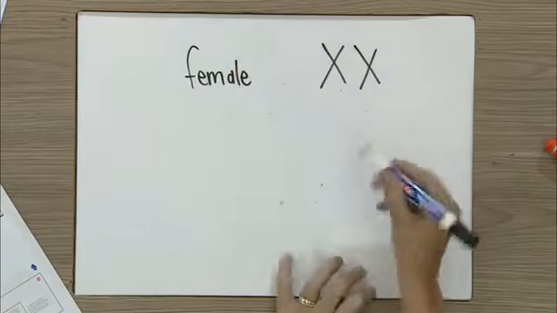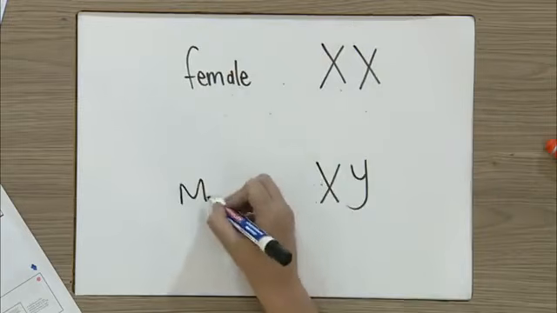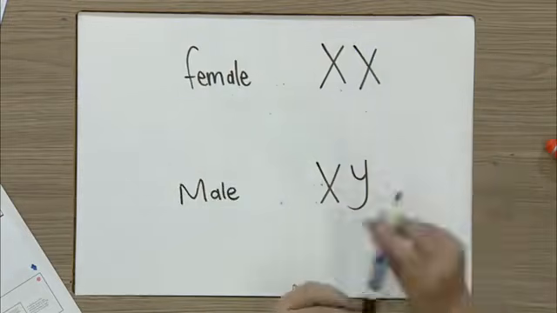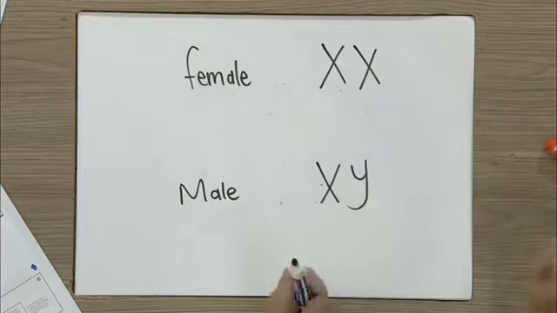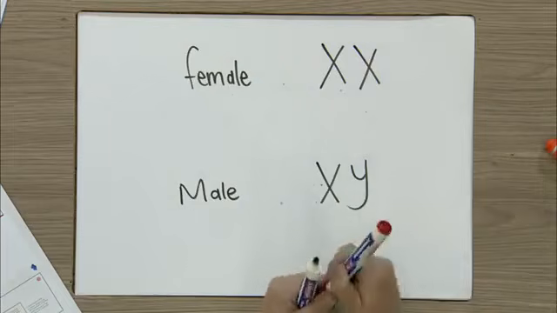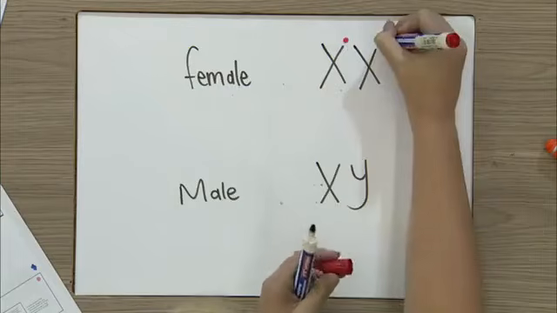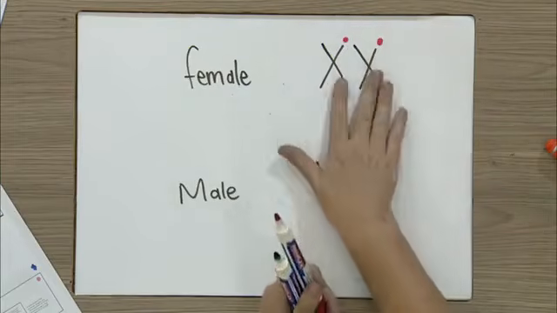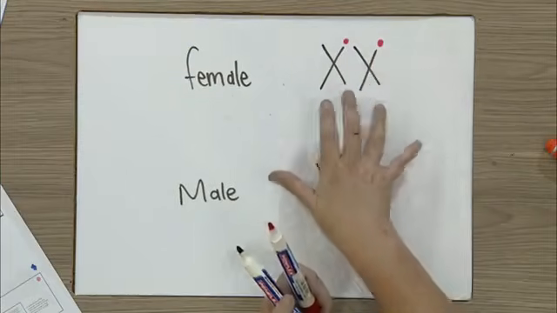If someone has an X and a Y chromosome, then that person would be male. So with sex-linked inheritance, the defect is only found on your X chromosome. So if this person has the defect and the defect is recessive, then this is a female that definitely has that condition.